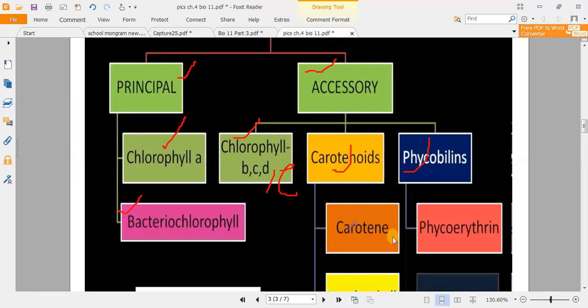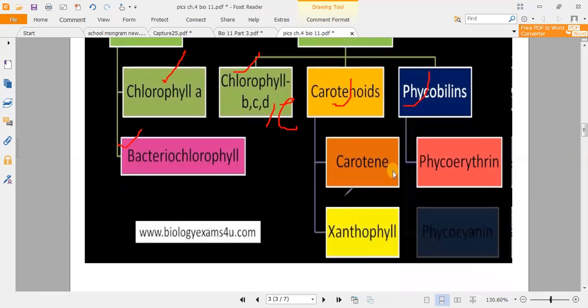Carotenoids are of different types, carotene and xanthophylls. We will discuss them. In phycobilins, we have phycoerythrin and phycocyanin.